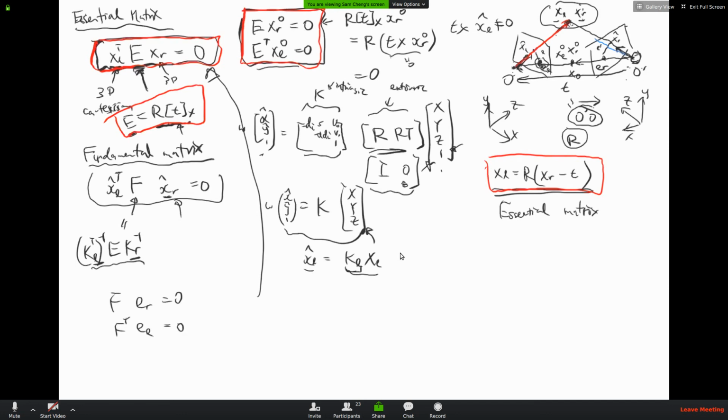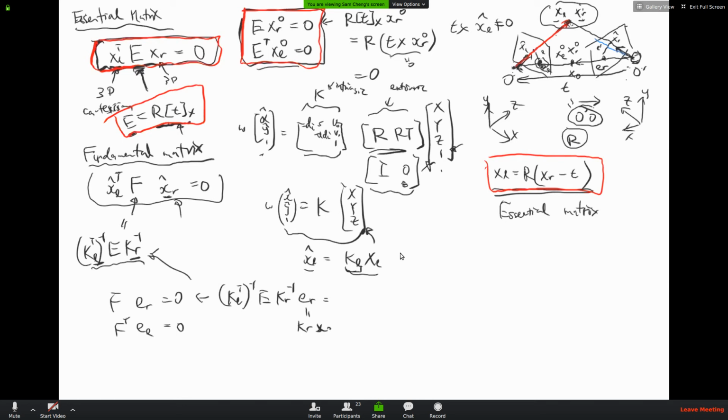Again, this is very easy to show. For example, I just show one of these here. F is equal to KL transpose inverse times E times KL inverse, times EL. And EL is equal to KL times x naught.